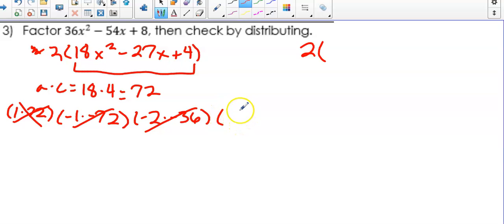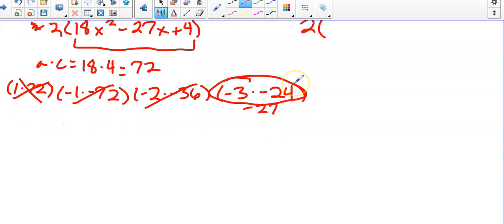Let's see, we can do negative 3 and negative 24. Negative 3 plus negative 24 gives us negative 27, so that's what I need. I could keep listing out more factors, but it's going to be a waste of time because I already know that this one is what I need. So I'm going to go down here.